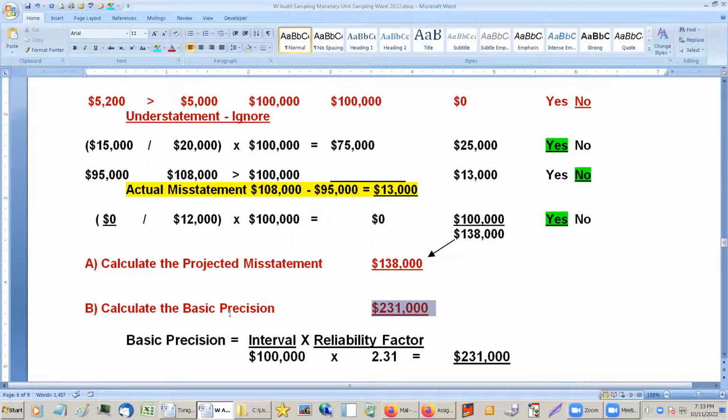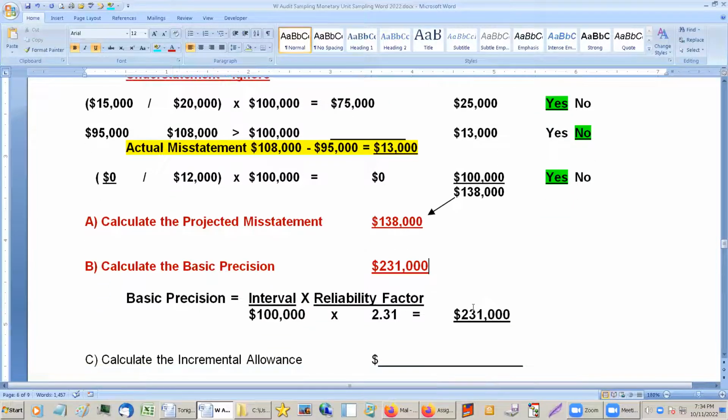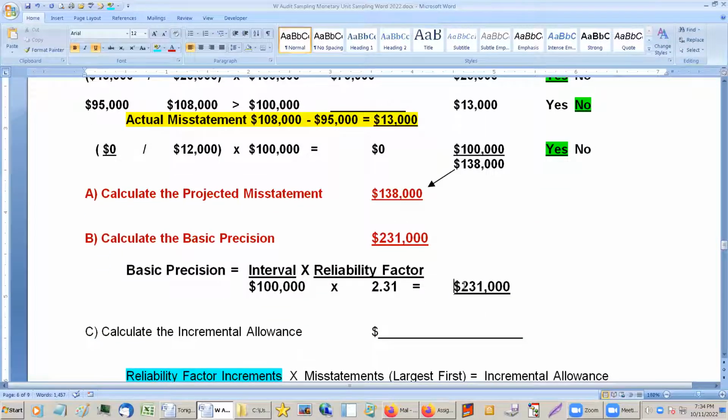So basic precision really means that if nothing goes wrong, this is how much you'd have to allow for, because it's a sample. You didn't take 100% of the items, you took a fewer amount. So it is possible that it's off by another 231,000, not because of any errors, but because it's a sample.